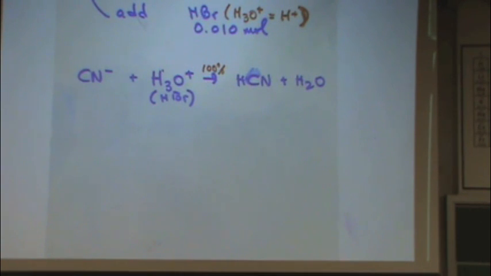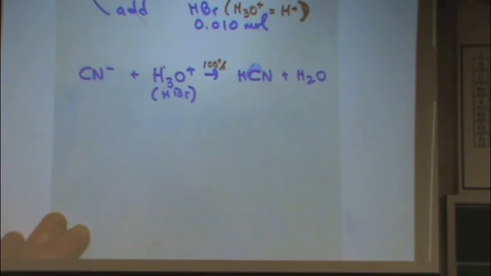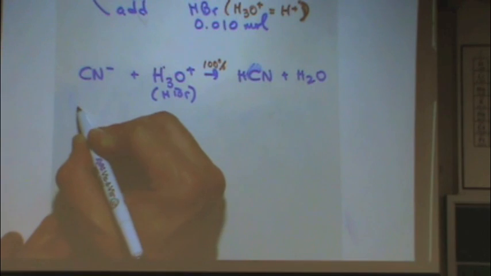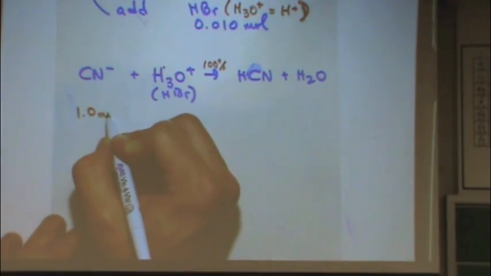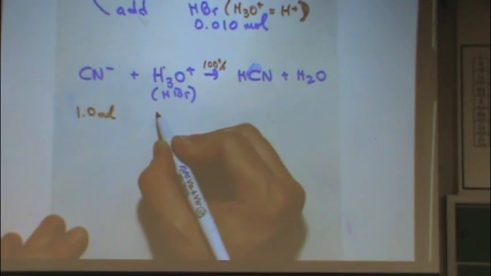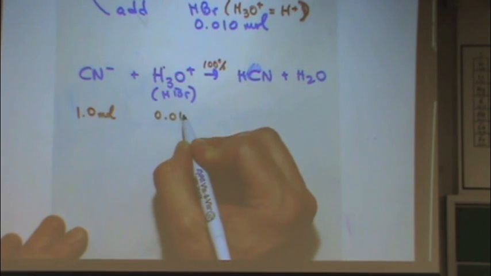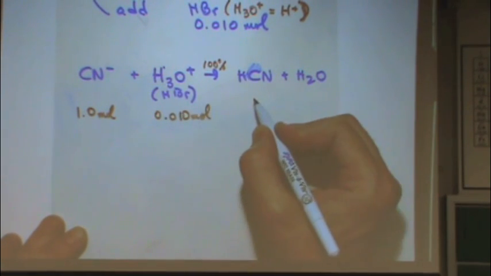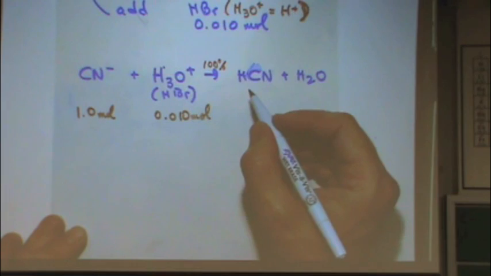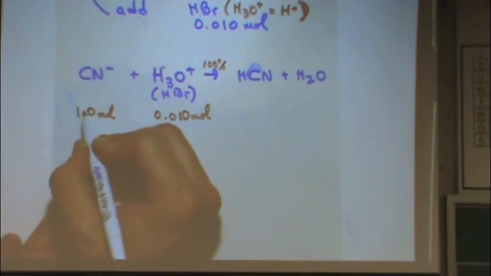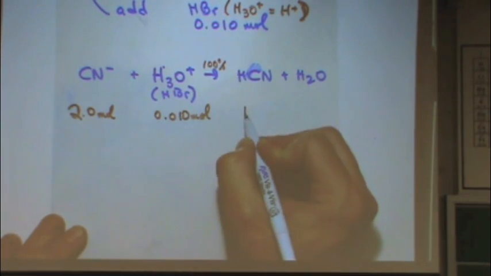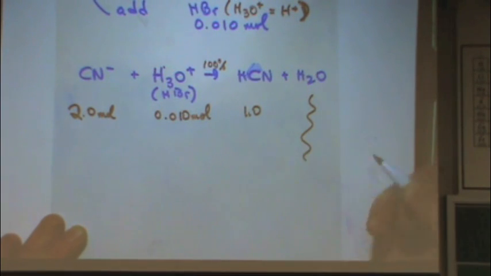So let me write down the numbers we have right now. The HCN is 1 molar, but because there's 1 liter, that'd also be 1 mole. And this is 0.010 moles. The HCN, oh no, this is 2, sorry, that was 2. This is 1, and we ignore water.